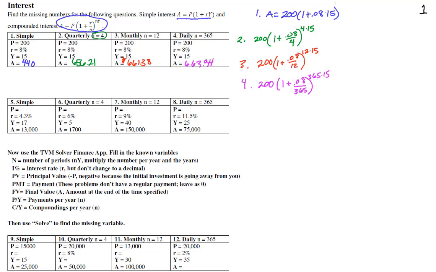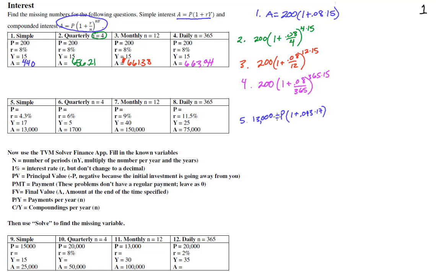All right, let's do number 5. So number 5 is simple interest. So here, notice that we have to find P. So we know that we've got 13,000, and it's going to equal P times 1 plus 0.043 times 17. Excellent, good.